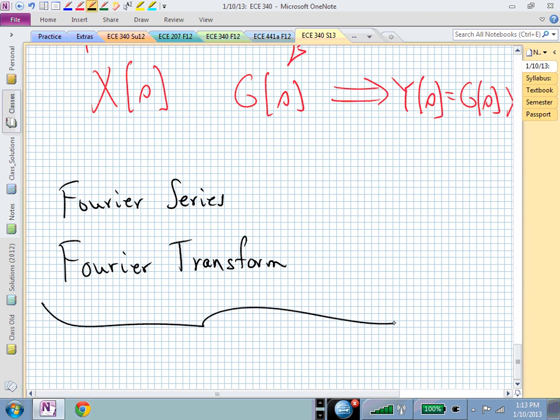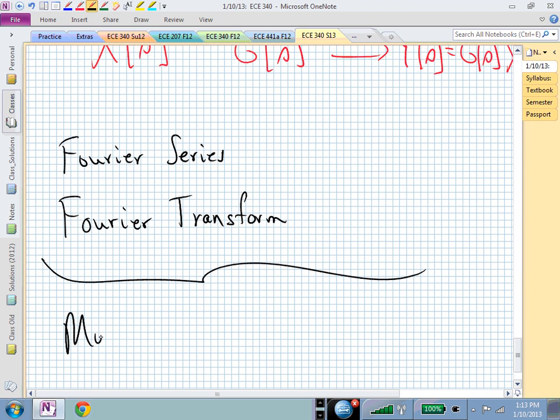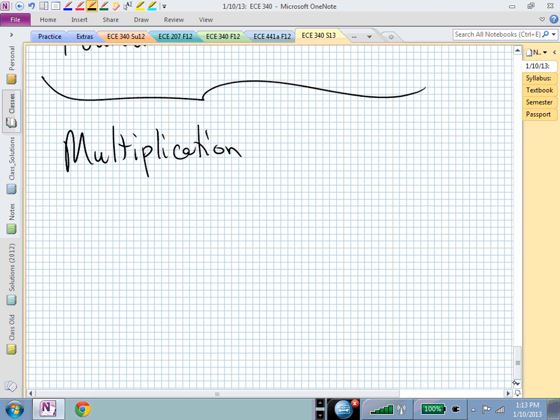And that's what most students prefer, is multiplication versus convolution, right? Duh. It's easier, right? All we have to do is keep track of these polynomials in s and figure out what's going on. If we now have multiplied capital G of s by capital X of s, we now have this expression Y of s.